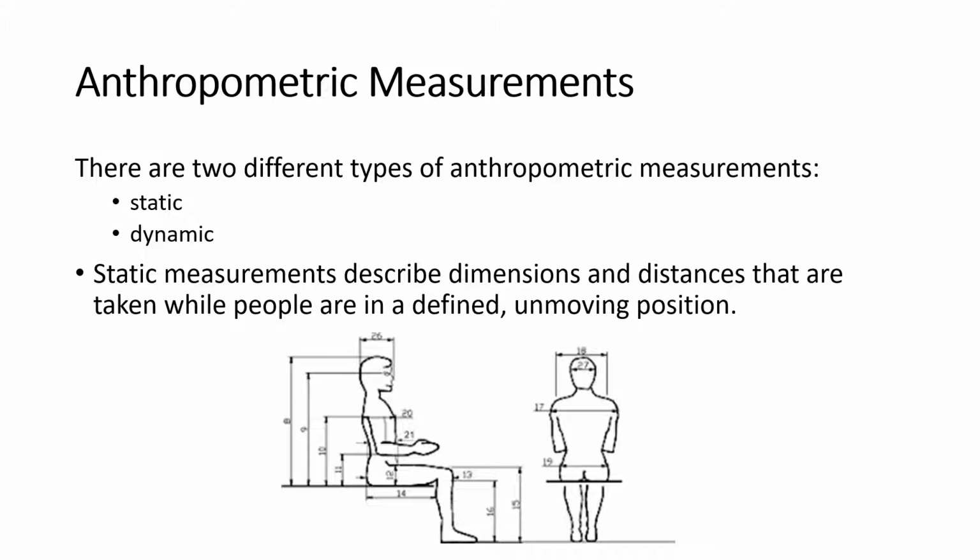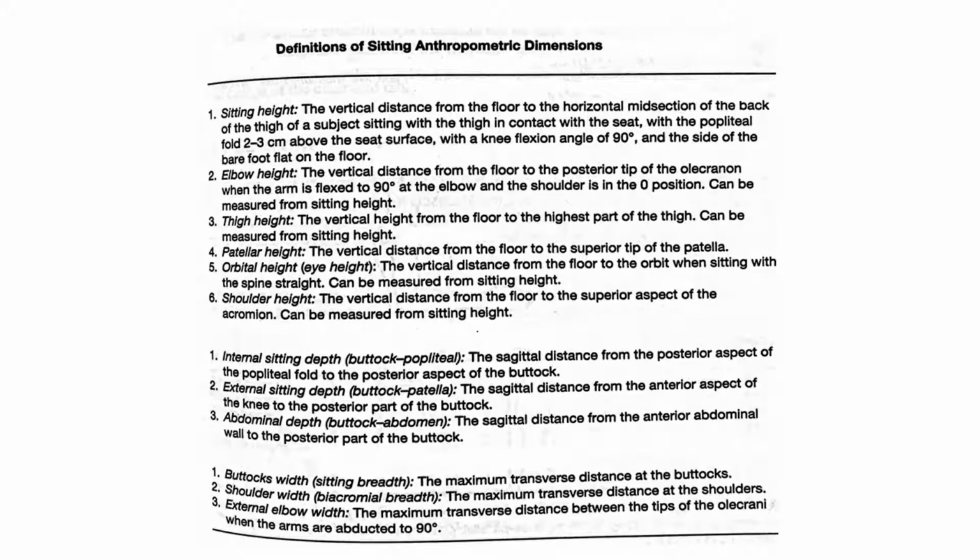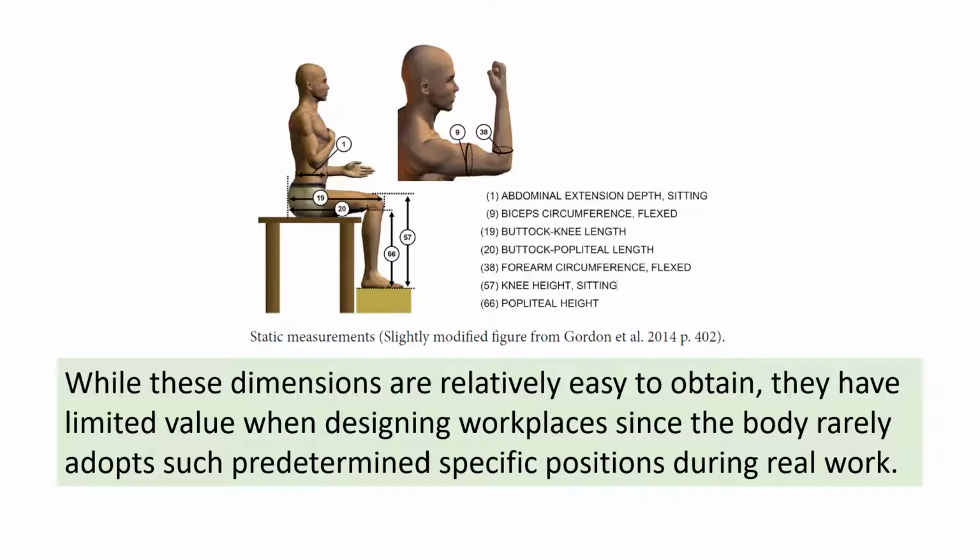So all these measurements are based on a defined and unmoving position. If you want to have a better understanding of the definitions of anthropometric dimensions in sitting position, you can see this table, and you can use this table for anthropometric measurements during sitting as well.